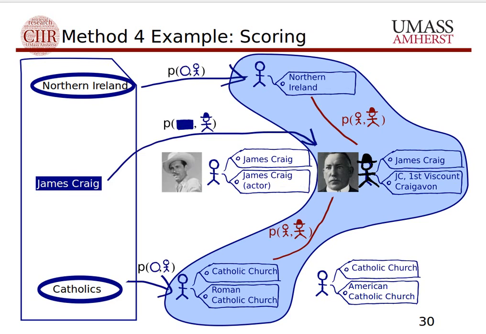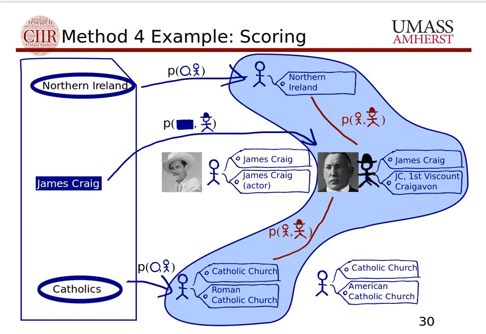This is where the bigger equation comes into play. The score includes, as a product, the similarity between the query mention James Craig and this entity here, as before. This is exactly what we used in method number 2.